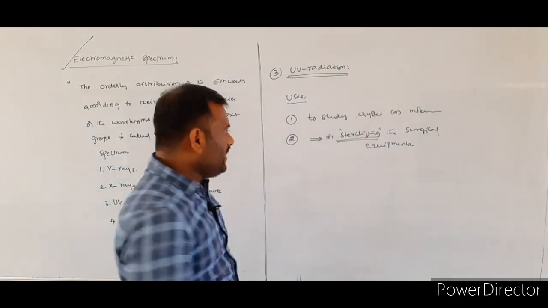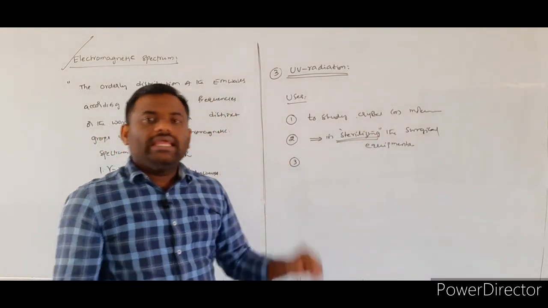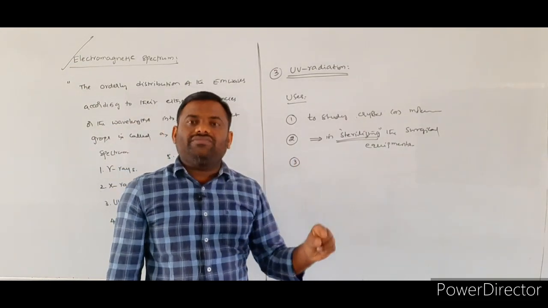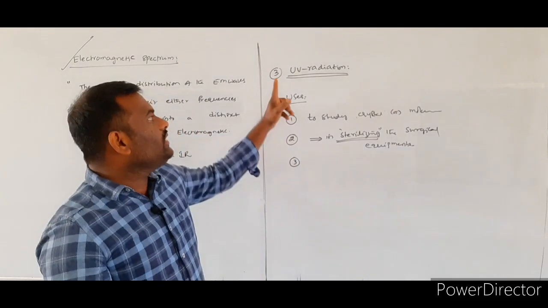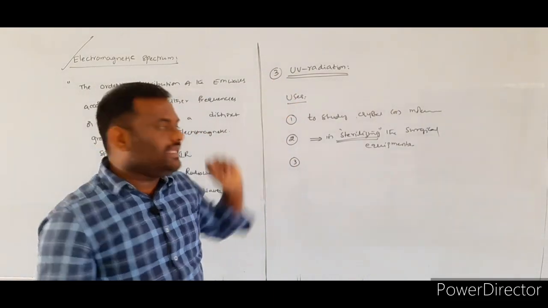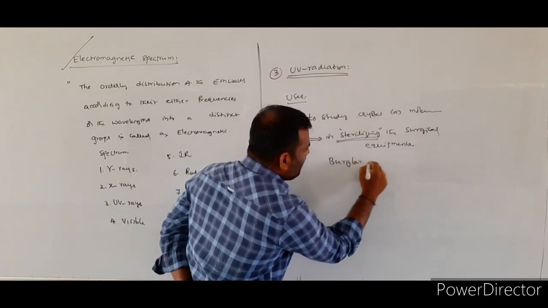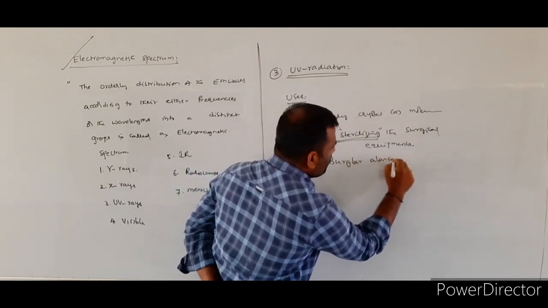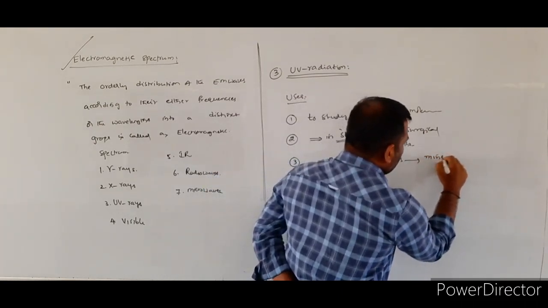Next, the third one is, as we told just now, the phenomenon of the photoelectric effect, so this UV radiation can be used in burglar alarms, which can be frequently used in the mines.